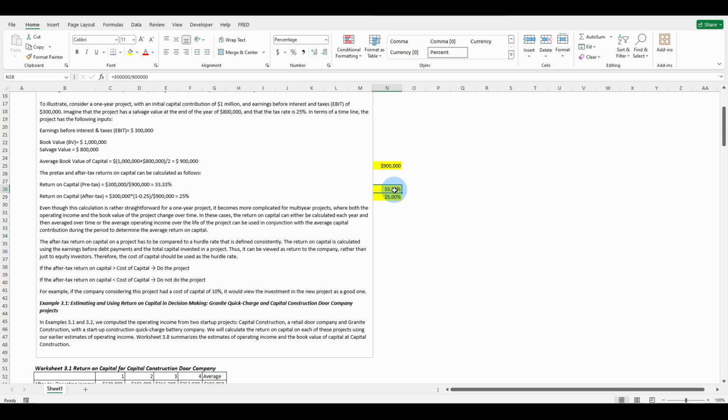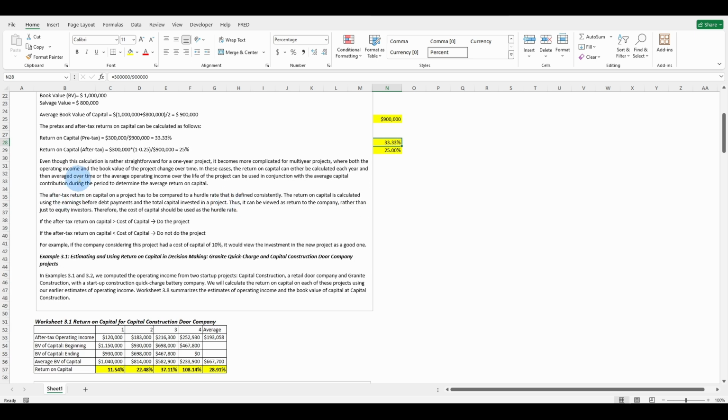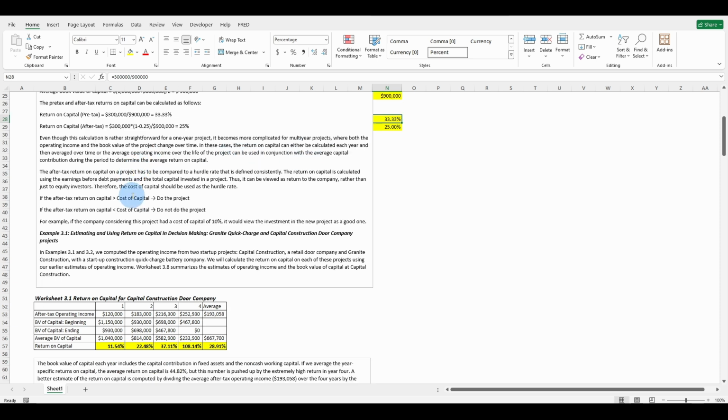Even though this calculation is rather straightforward for a 1-year project, it becomes more complicated for multi-year projects, where both the operating income and the book value of the project change over time. In this case, the return on capital can either be calculated each year and then averaged over time, or the average operating income over the life of the project can be used in conjunction with the average capital contribution during the period to determine the average return on capital.